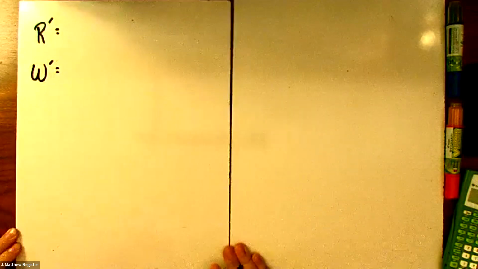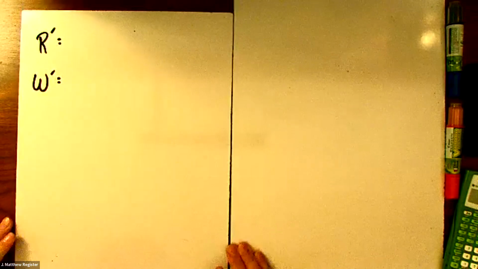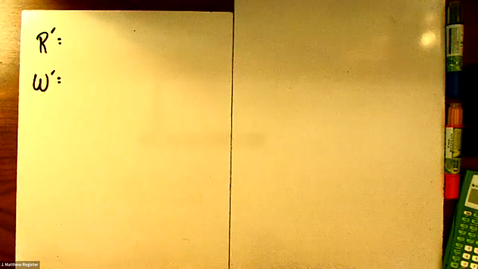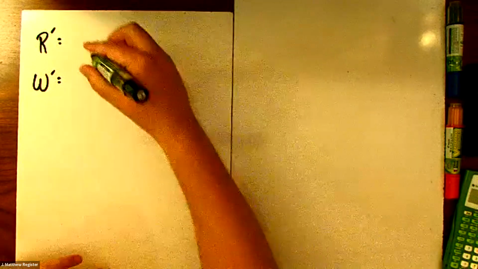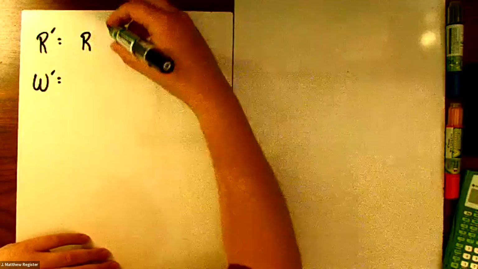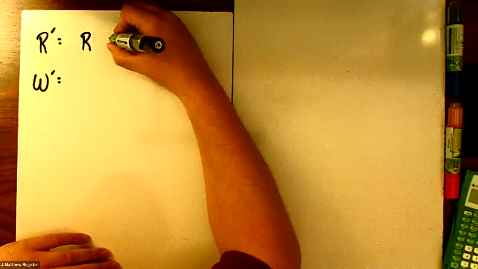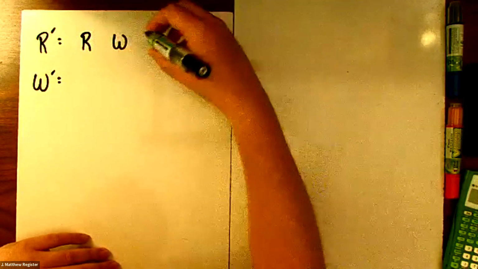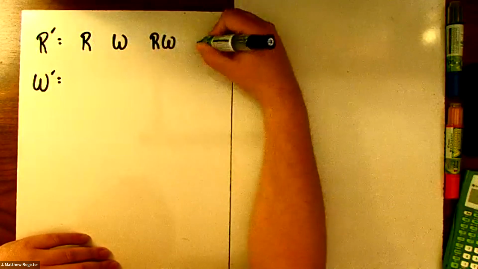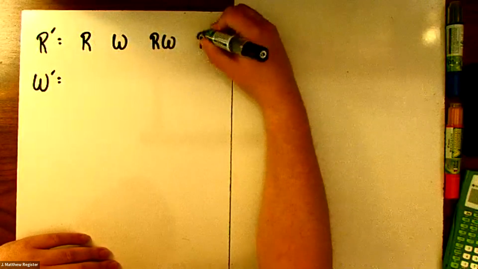Now, if we want to create a simple differential model for these, there are certain terms which we would expect to see. And so we might expect to see terms of the form R, of the form W, of the form RW, and of the form R squared.